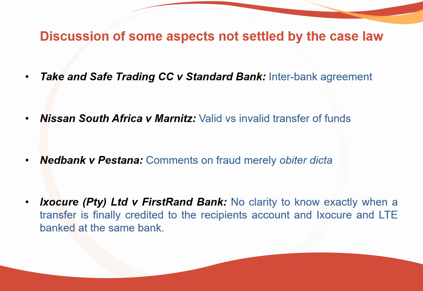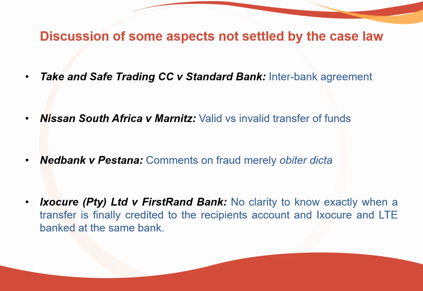In the case of Exsecure versus First Rand Bank, the credit transfer was not finalized. There is no real clarity to know exactly when a transfer is finally credited to the recipient's account. Further, in Exsecure, both Exsecure and LTE banked at the same bank.